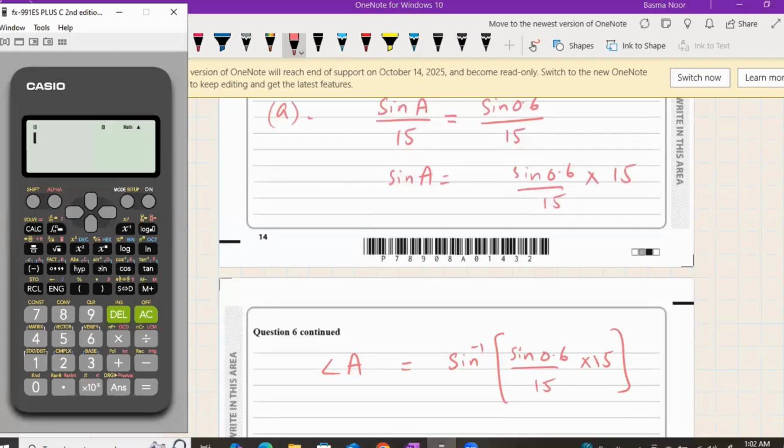You press shift sine to get sine inverse, then a fraction with sine of 0.6. Make sure your calculator is in radian mode, since the angles given are in radians. Yes, it is already in radians. Close the bracket, times it by 15, come down, divide by 15. Oh no, wait, I made a mistake, sorry.